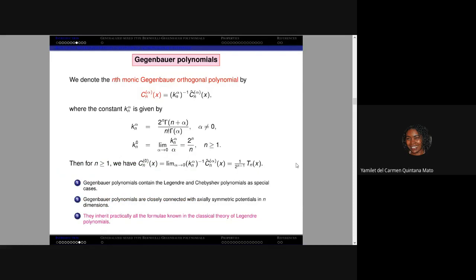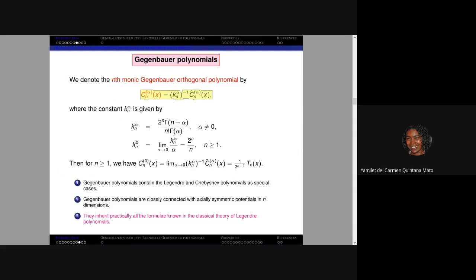Now, we denote the monic Gegenbauer orthogonal polynomial of degree n by this expression. We know Gegenbauer polynomials contain the Legendre and Chebyshev polynomials as special cases.